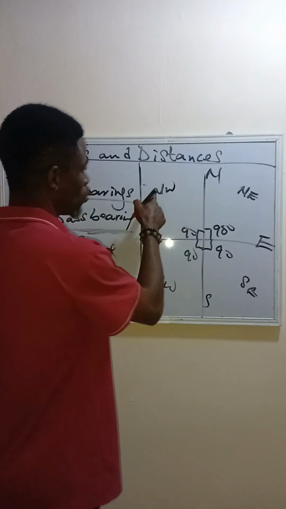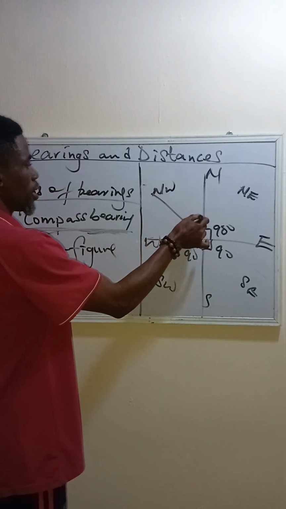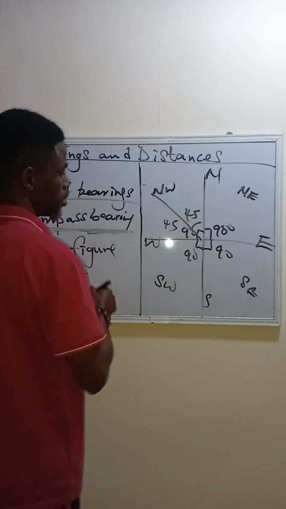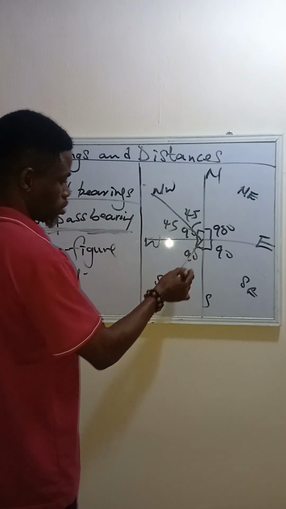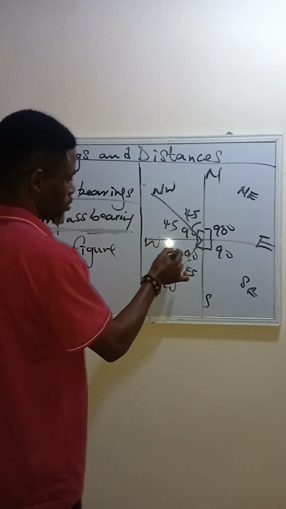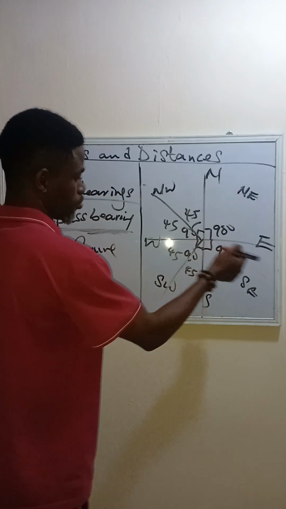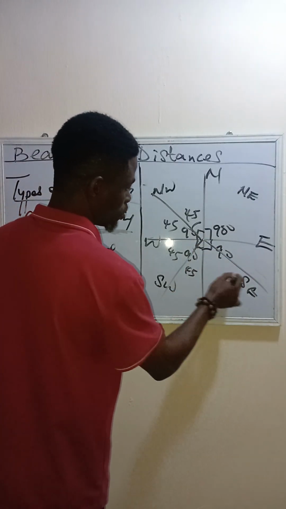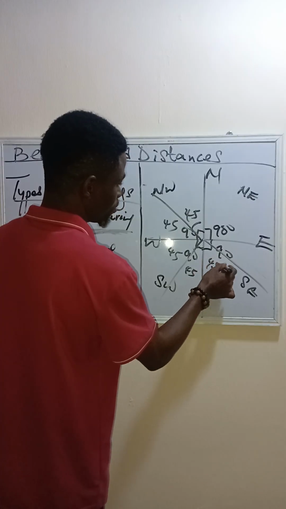Don't forget that northwest means 45 degrees, the same as southwest, which is 45 degrees. East, southeast is also 45 degrees.